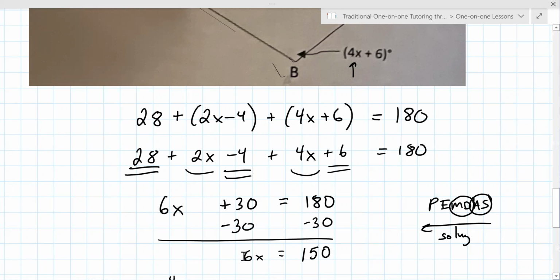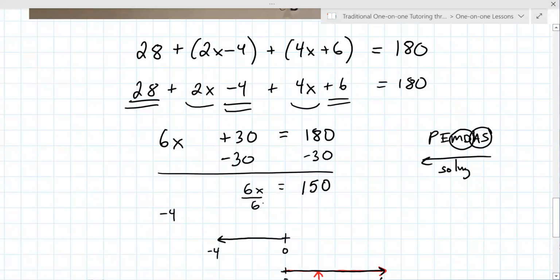How do you undo multiplication by 6? You just have to divide. Divide both sides by 6.